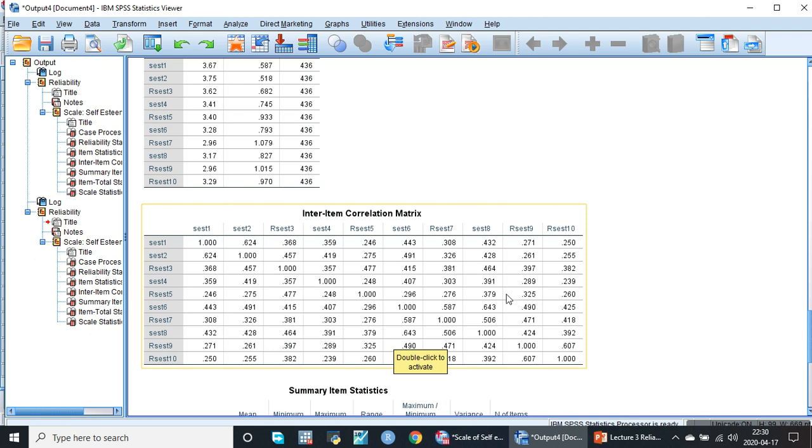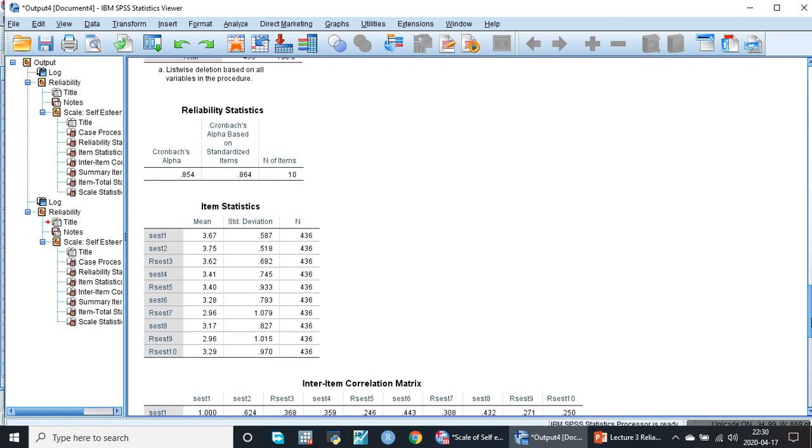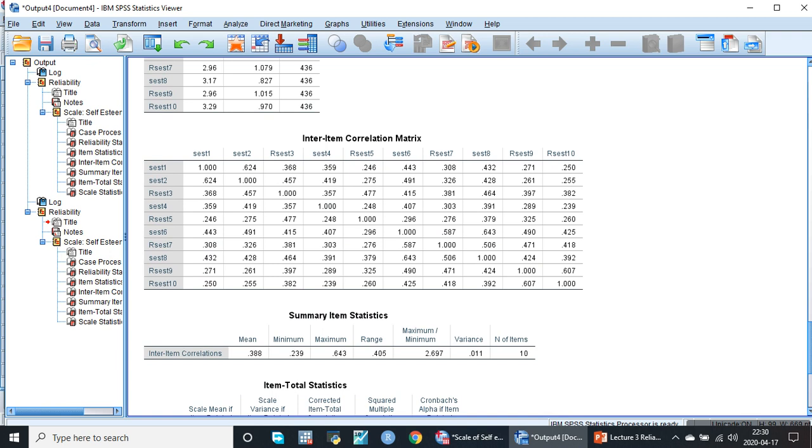So there is no negative inter-item correlation. It means that there is positive correlation and the average value of the inter-item correlation is 0.85. It means that now the scale is reliable and we can use it further.